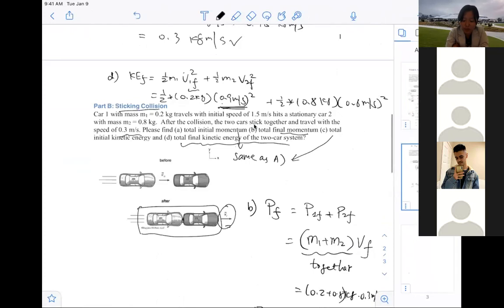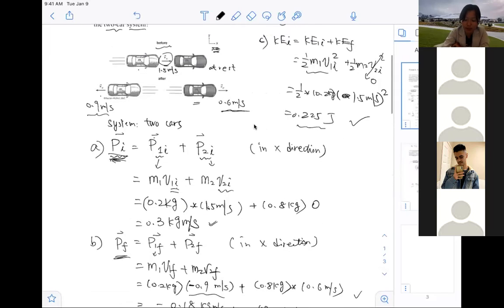I didn't do part A, the initial kinetic energy, because that's exactly the same as what we did in part A. So initial momentum and initial kinetic energy is just like part A. Yeah, because it's zero, right? Because the second car ends up being zero. Yeah. Okay. So part C is the same as part C here.